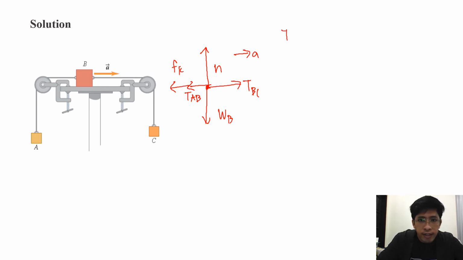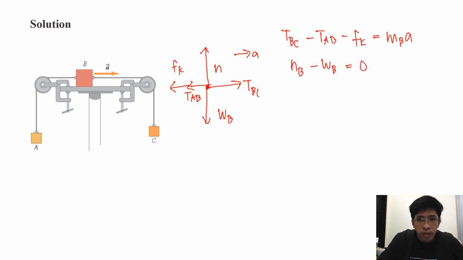We have T_BC minus T_AB minus your F_K, and then this is equal to your M_B a for your block B, and along the Y we have N_B minus weight B, and this is equal to 0.